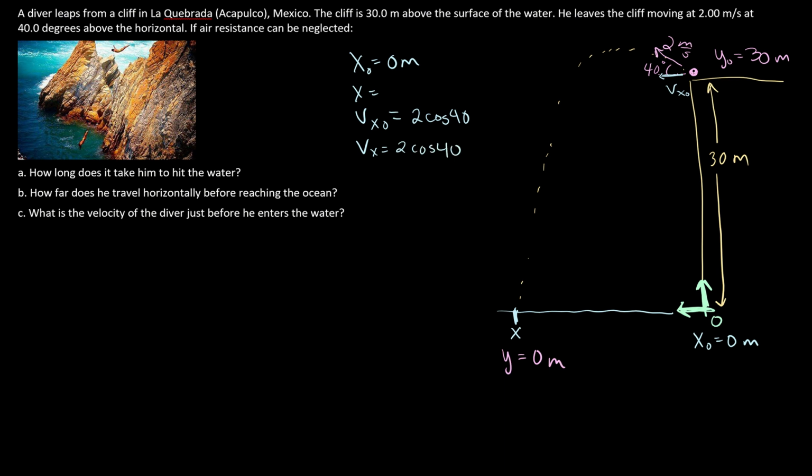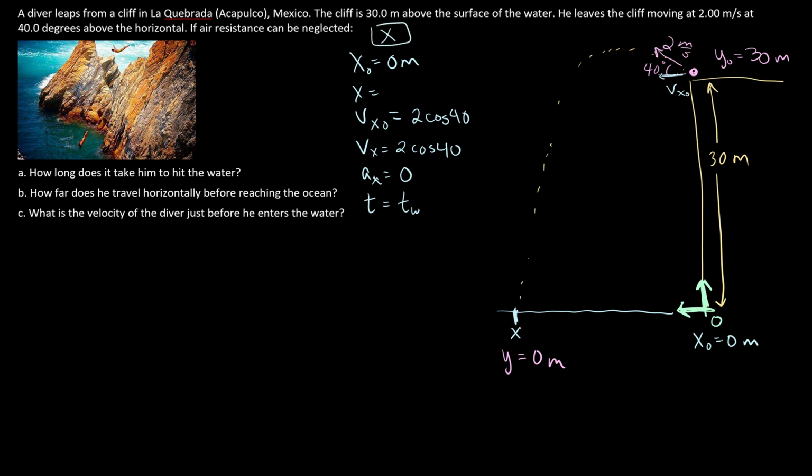Both of those are in my positive x direction in my reference frame, so they should both be positive. My ax equals 0, and the time that it hits the water, let's just call that t water. So there are my x variables that I know.